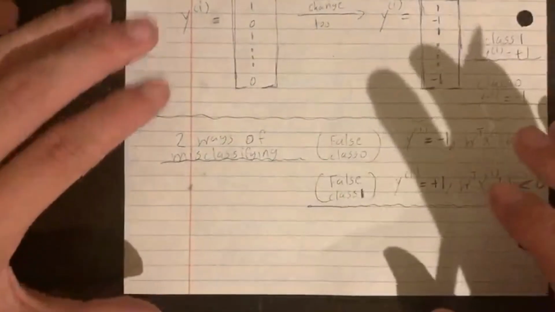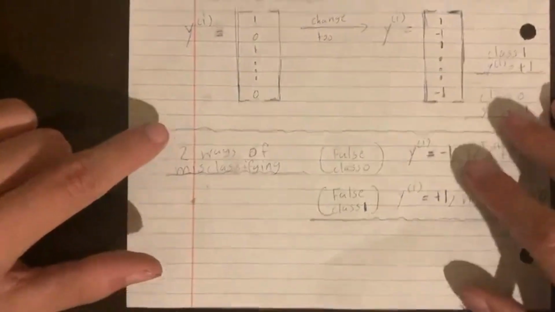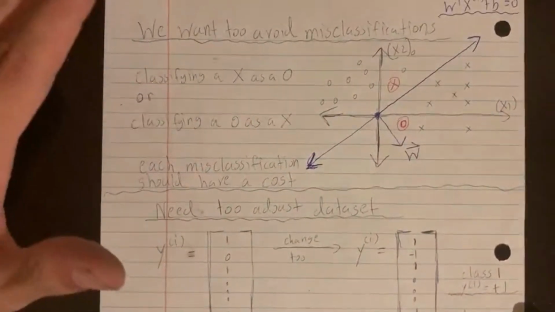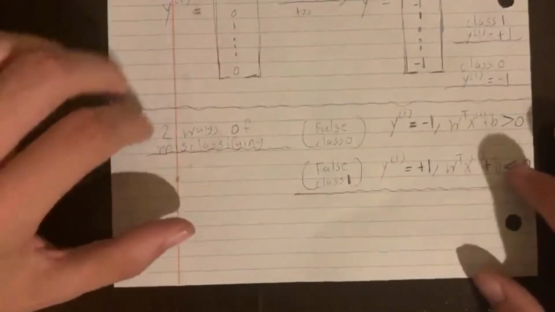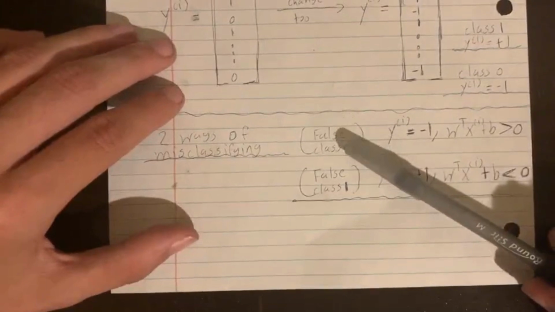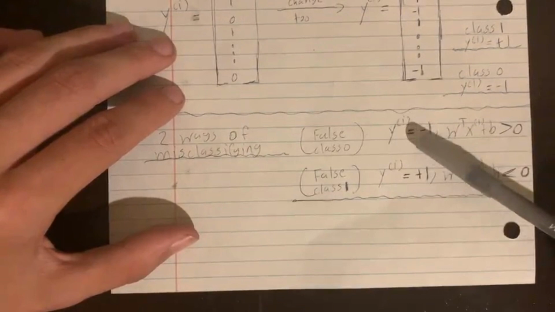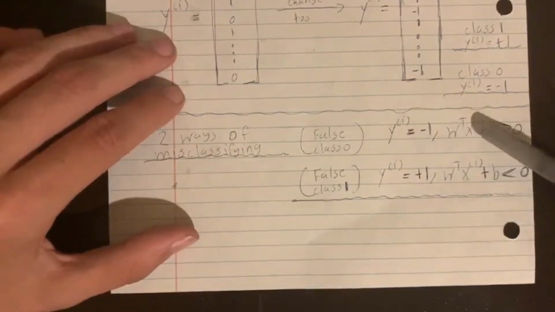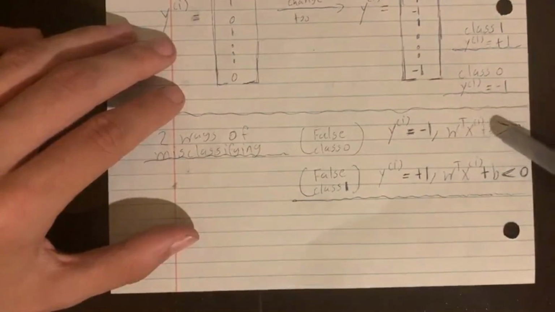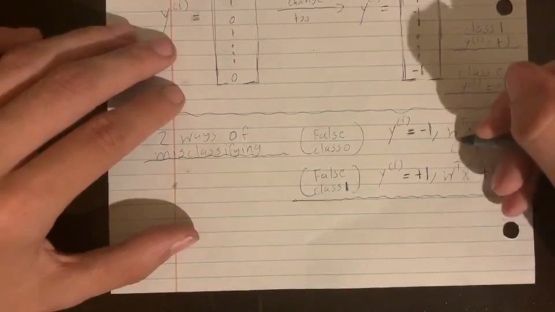There are only two ways of misclassifying, because we only have two classes here, class X and class O, or class 1 and class 0. Either we can have a false class 0, where y of i is equal to negative 1, so the example is part of class 0, but w transpose x of i plus b for that example is greater than 0, so we classify it as class 1.